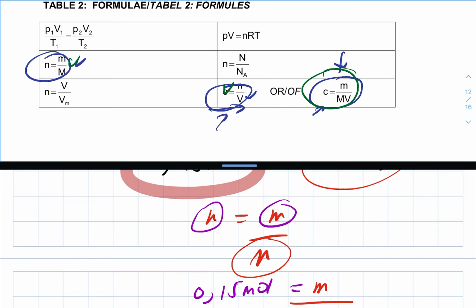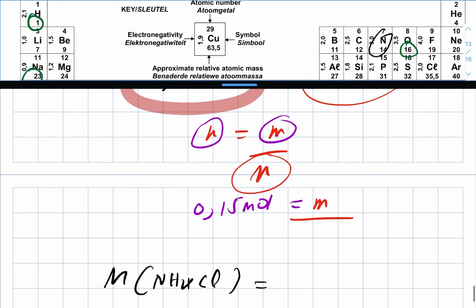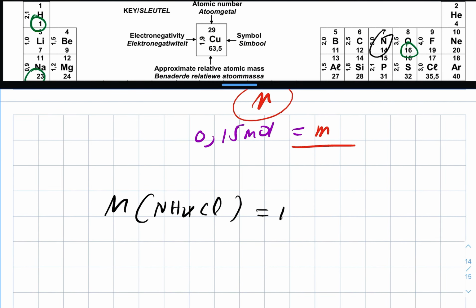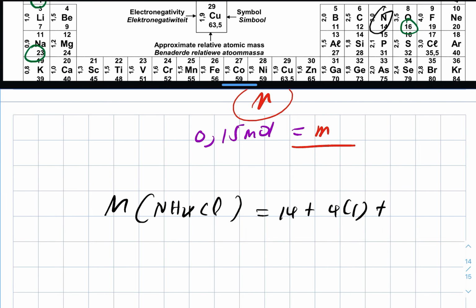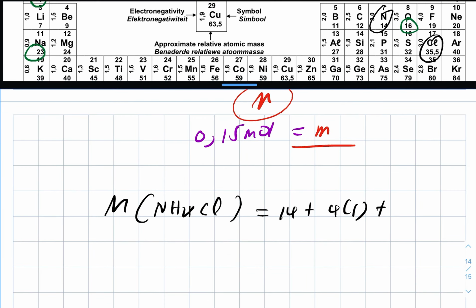Let's go ahead and do that. The nitrogen is 14, plus hydrogen is 1, and I have 4 of them. There's going to be 4 multiplied by 1, plus chlorine. Let's take a look at chlorine. There we go. It's 35.5.